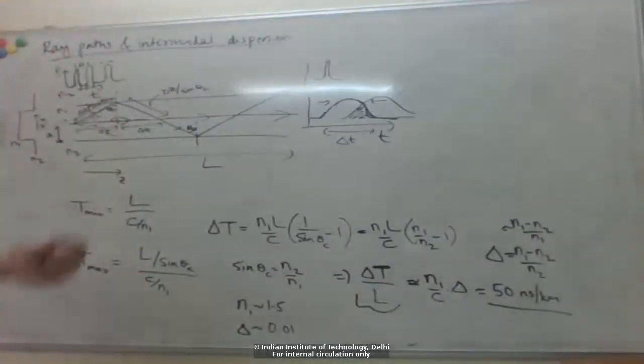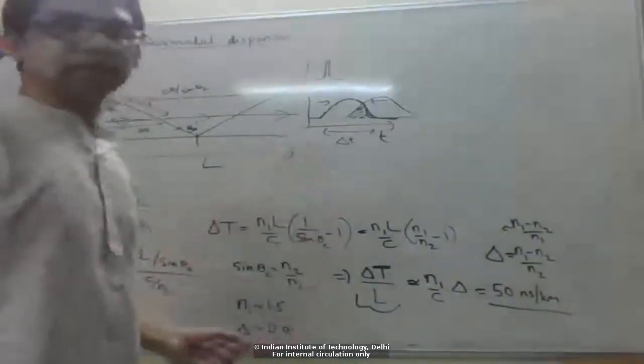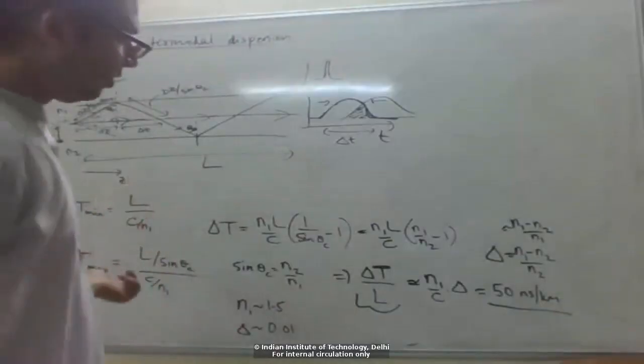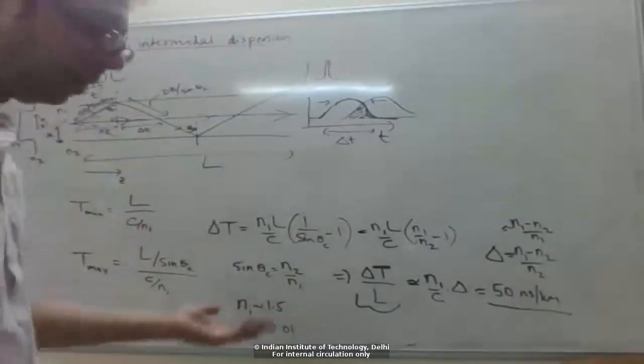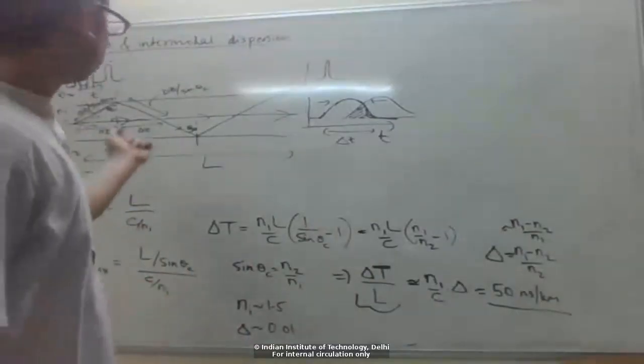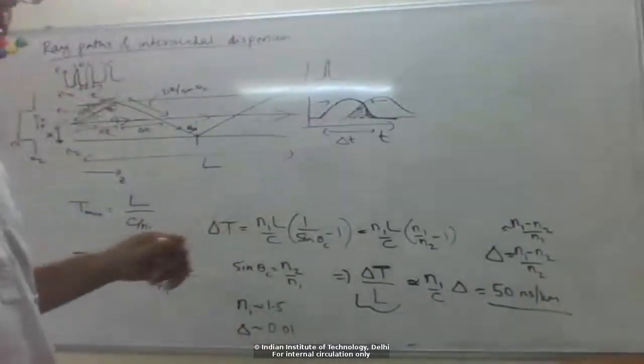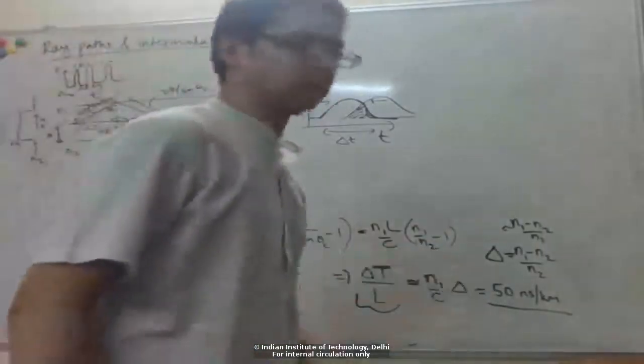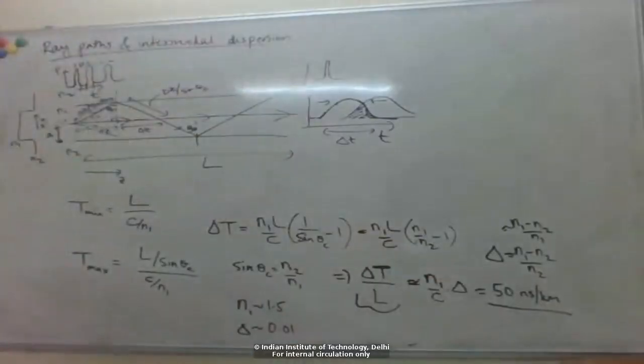So you really eliminate this dispersion, and we'll see that even in single-mode fibers there is some limit. You still get some pulse broadening due to some other type of dispersion, but that value is orders of magnitude smaller than this intermodal dispersion.